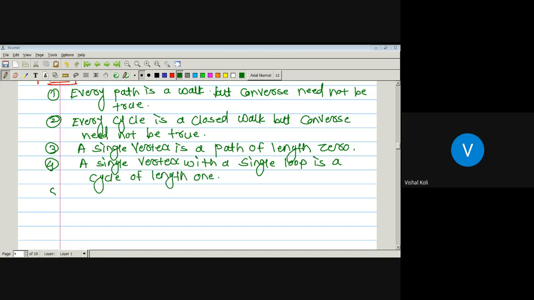Okay. Now the next one. For any two distinct vertices, suppose u and v are any two vertices of a graph G, is there a unique path from vertex u to vertex v?